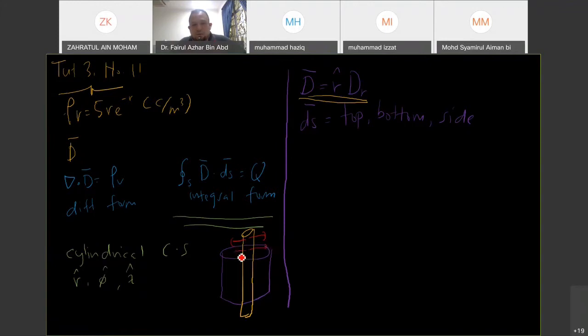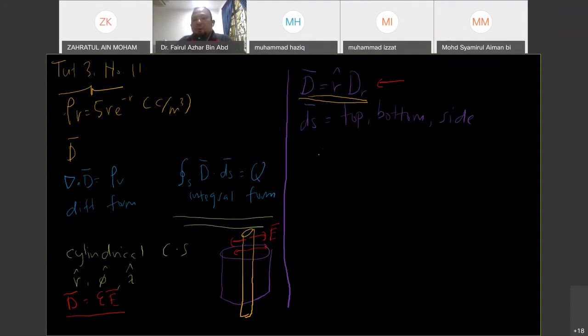Since we have the relationship D equals epsilon multiplied by the vector of E, we know that the direction of the vector of D and the direction of the vector of E will be the same. So if the field is in this direction, the same goes for the vector of D. Because of that, we can assume that our general expression for the vector of D is equal to r cap multiplied by Dr. So Dr is the amplitude of the electric flux density.